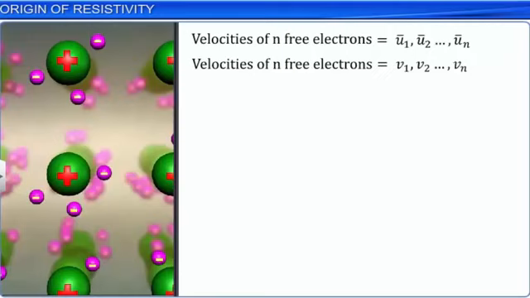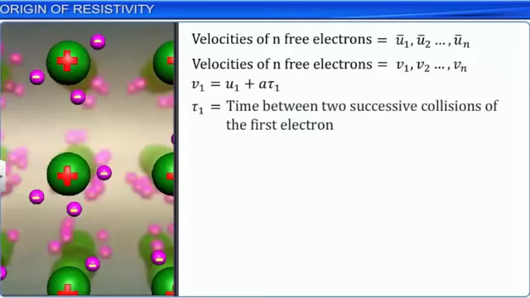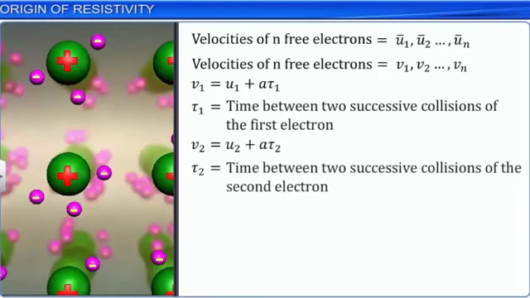Here, v1 is equal to u1 plus a into tau 1, where tau 1 is the time between two successive collisions of the first electron. Similarly, v2 is equal to u2 plus a into tau 2, where tau 2 is the time between two successive collisions of the second electron. And so on till vn is equal to un plus a into tau n.